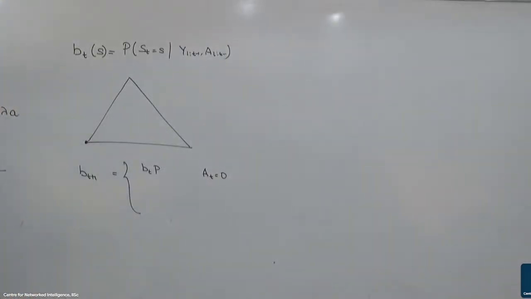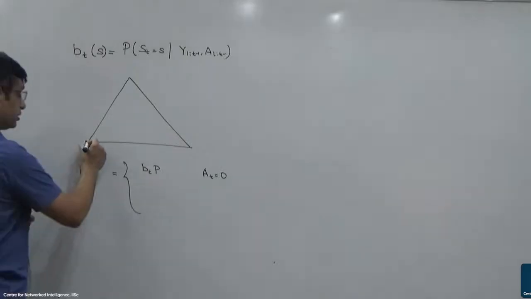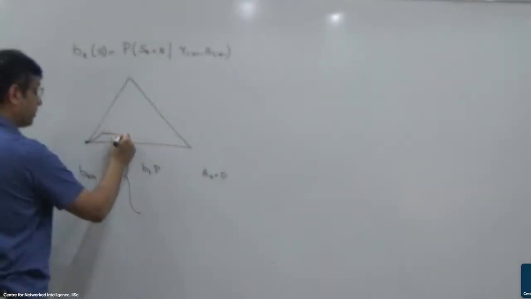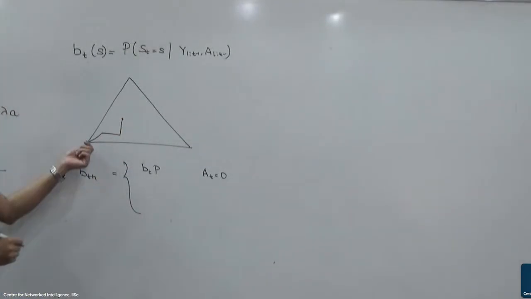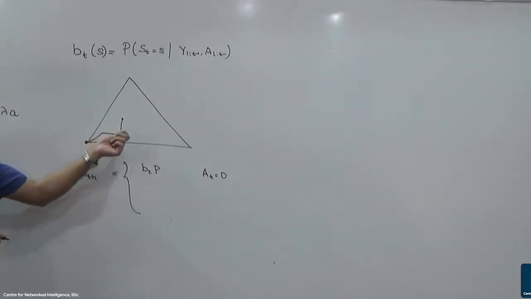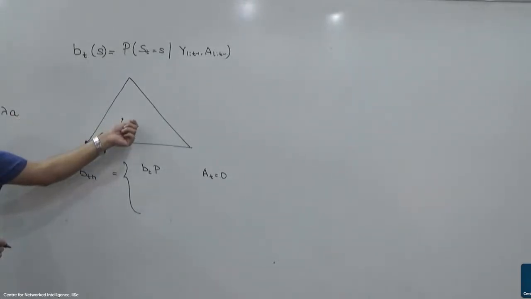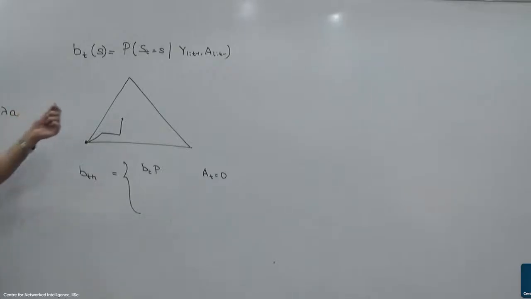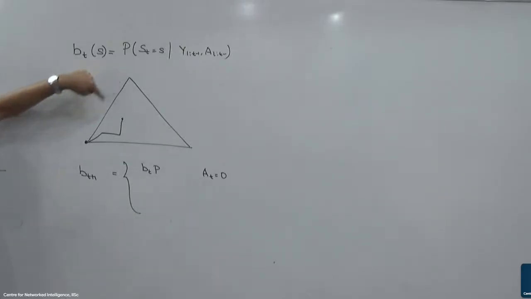Okay. What happens if I do take a measurement? Right. So if I don't take a measurement, this evolves. It's going to do some evolution in my belief state, which is just taking the old belief and multiplying it with the P matrix. Suppose after not taking a measurement 3 times, I decide to take a measurement. What will happen? I'm going to see one of the states of the Markov chain, right? So my belief is going to collapse to a delta function at one of the corner points.